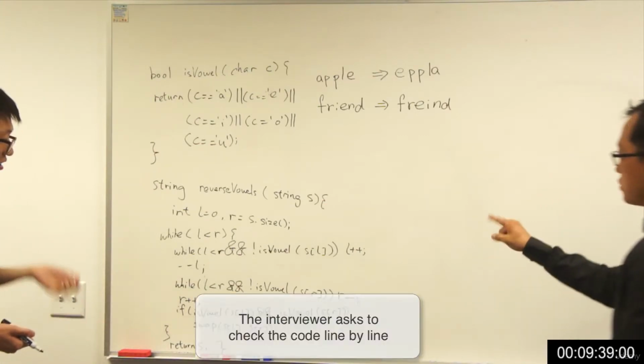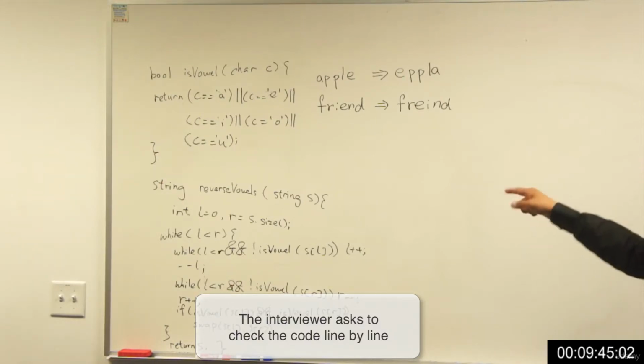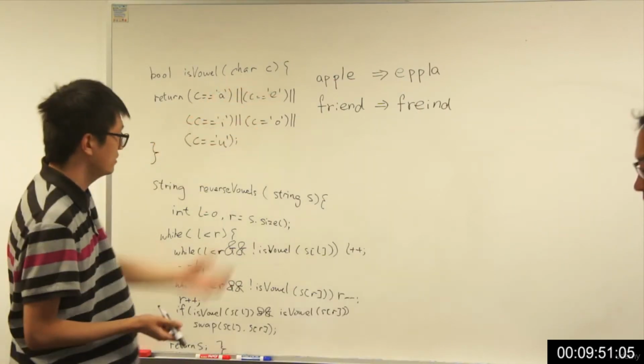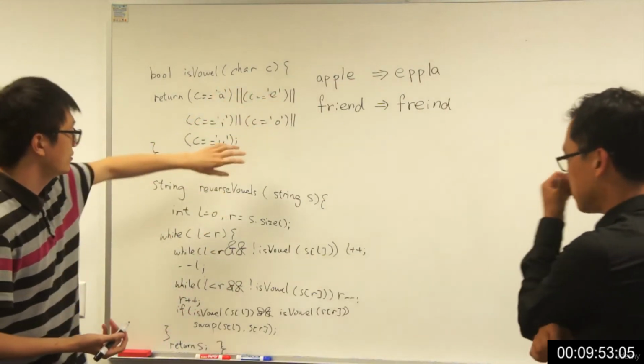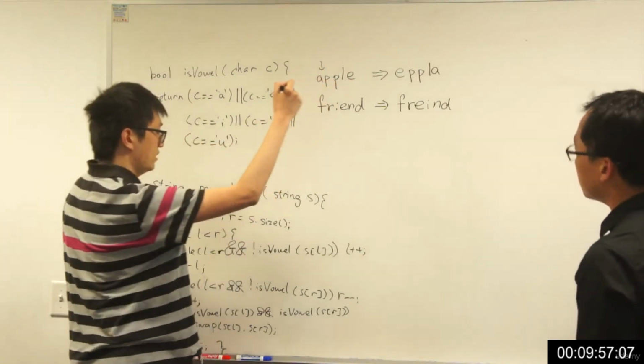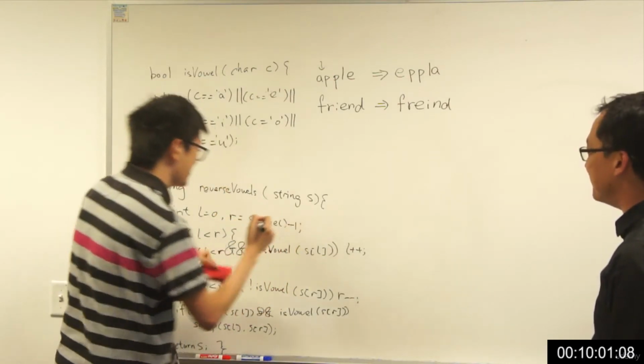Yep. Can you check if your code is correct? Yeah, let me make sure of it. Can you go through your code line by line? Yeah, sure, with an example. Let's do Apple. Initially, L points to A, and actually, this is incorrect. It should be size minus 1.